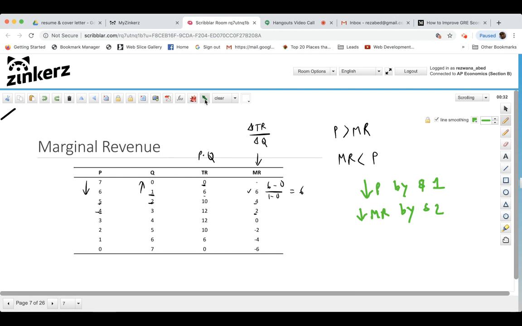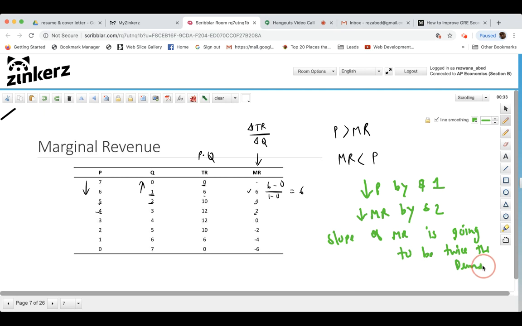This is going to be the case everywhere: price is dropping by $1 and your marginal revenue is dropping by 2. This is actually universal. If you had more calculus, I could show you mathematically how this works out, that the slope of marginal revenue is going to be twice the slope of the demand curve.